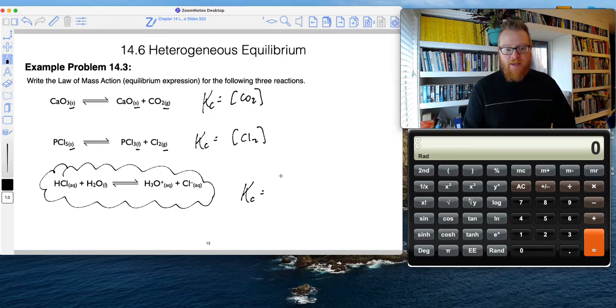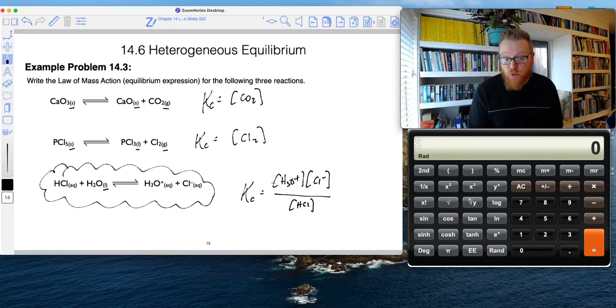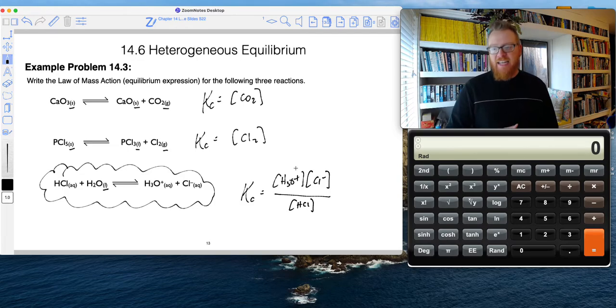So that's going to be H3O plus times Cl minus, all divided by HCl. We're not including the water because it's listed as a pure liquid, but we do include all of the aqueous species. This is what we're going to see quite a bit in this class, because we will routinely deal with aqueous reactions.